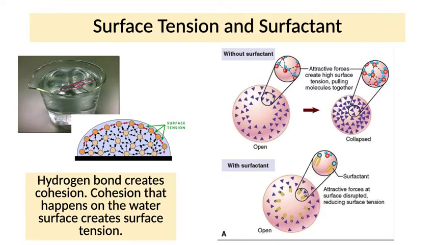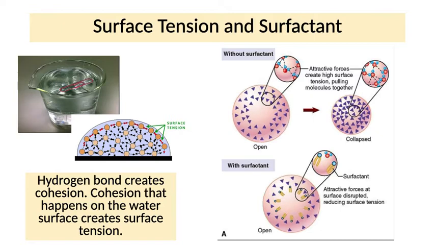If you try this at home, you can put a drop of detergent on the surface of the water with the paper clip floating on it. The detergent will reduce the surface tension, and as a result, the paper clip will sink to the bottom of the glass. You can try this at home.